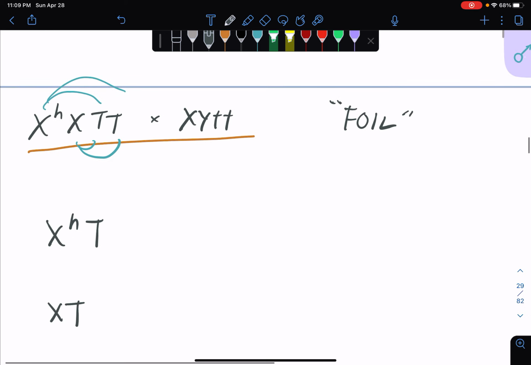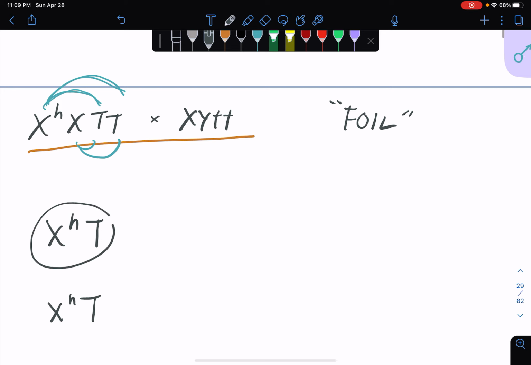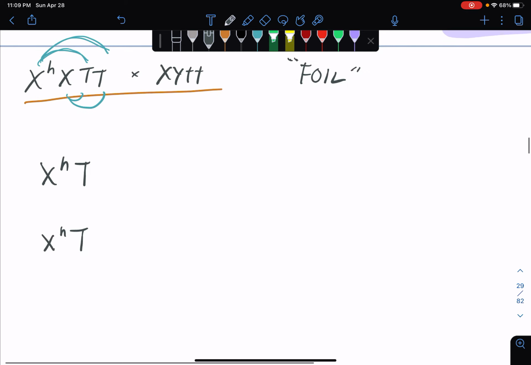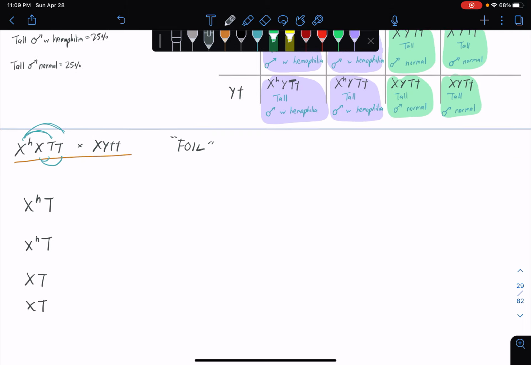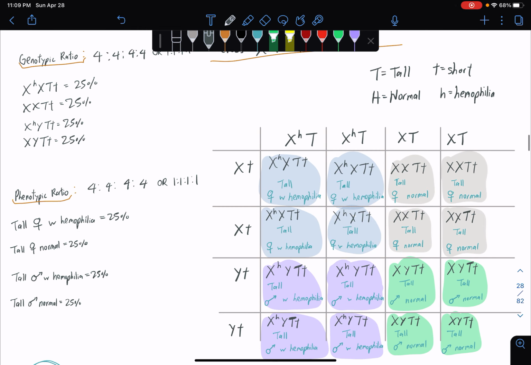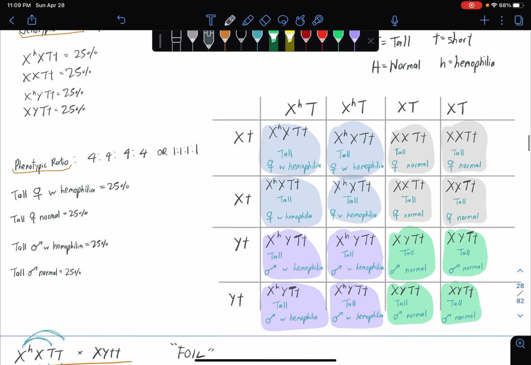First is going to be this, and the next is that, which is essentially the same as the first one. The third one is going to be XT, and the fourth one will be XT as well. So it's the same thing.